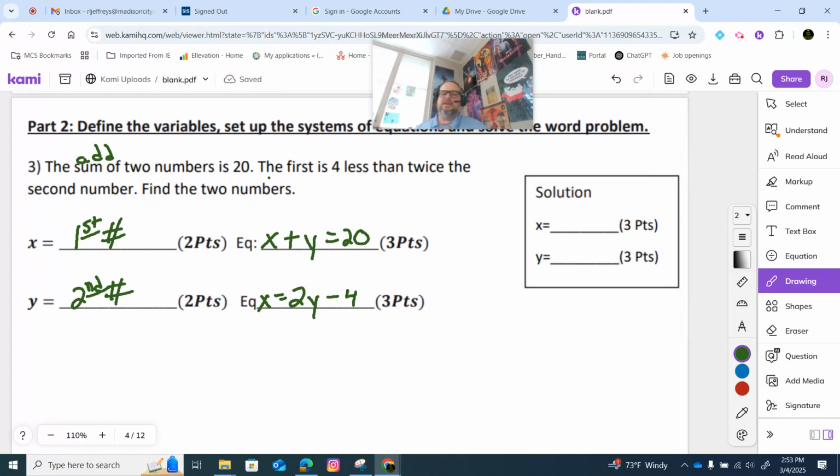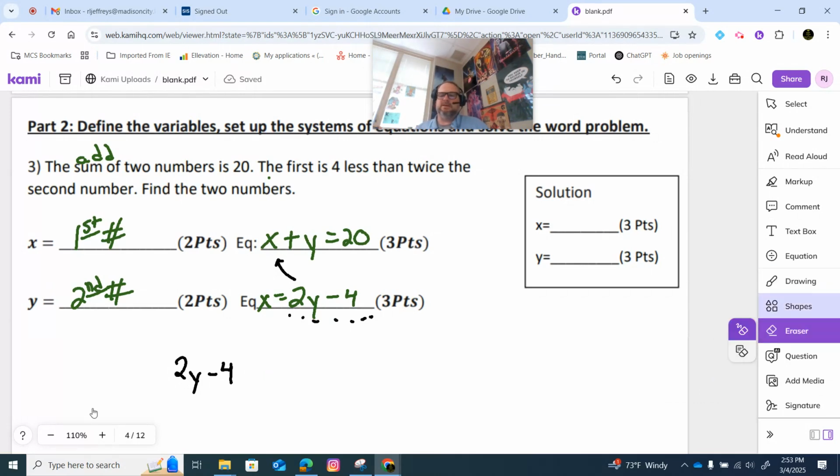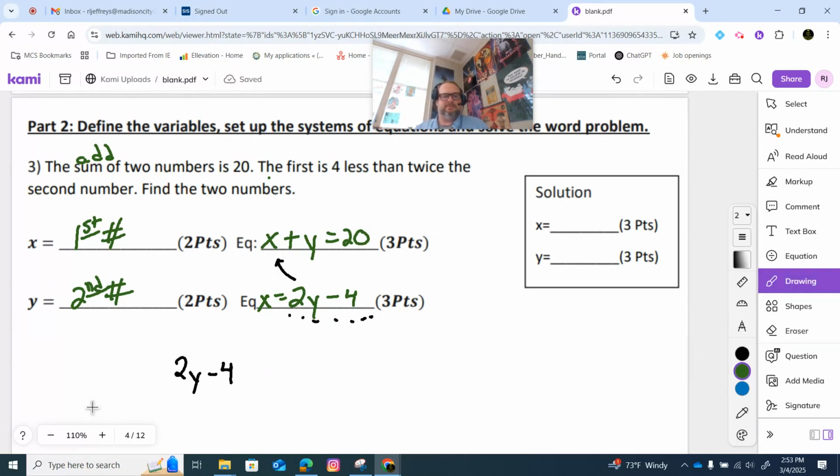All right, so to solve, I'm going to end up taking this stuff and putting it right here. Well, I would if I could actually write it correctly.